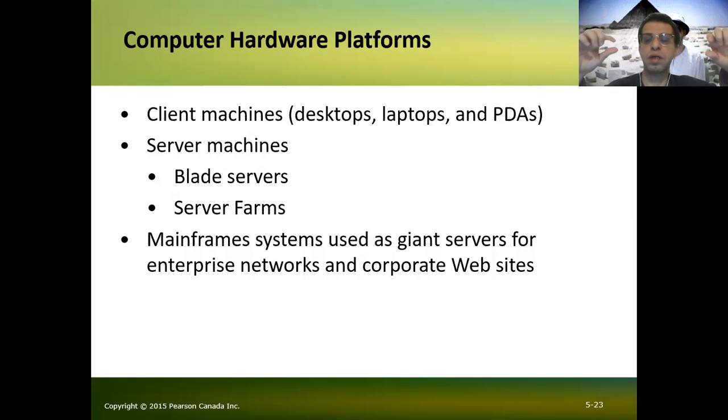They operate connected to Ethernet with some wiring behind. The more you need, the more blades you put there. And then you have the server farms, made of servers connected to each other. And eventually you have what you call the mainframe system, used as a giant server for enterprise networks and corporate websites, like IBM mainframe, like Tandem, the first example I spoke about.